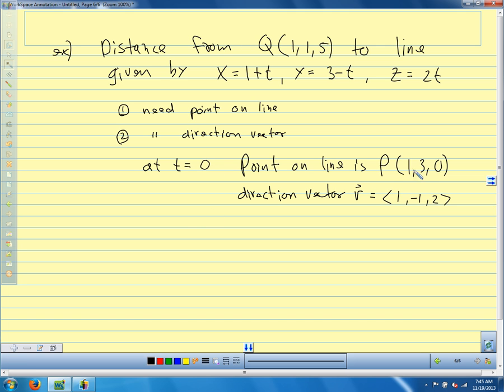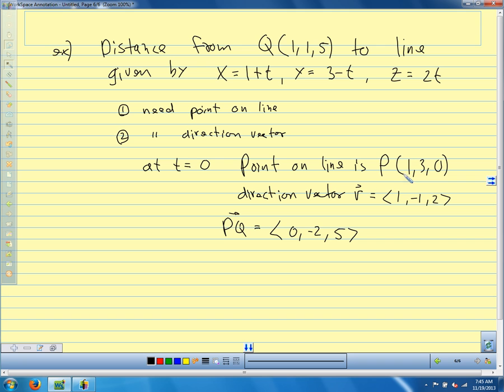So the vector from our point on our line to our point not on the line, PQ, is going to be the vector (0, -2, 5).